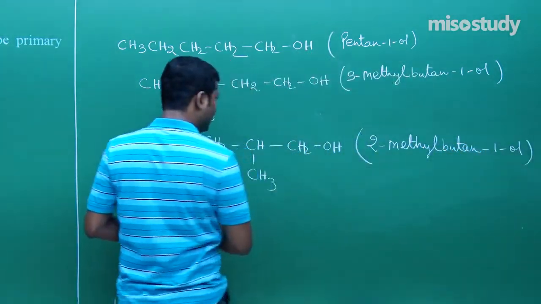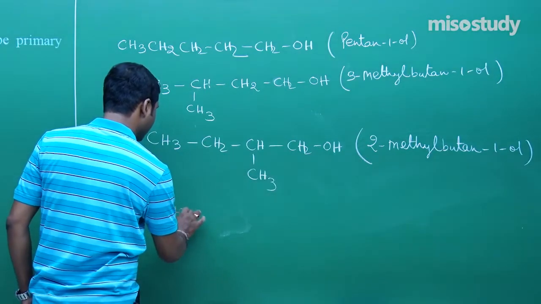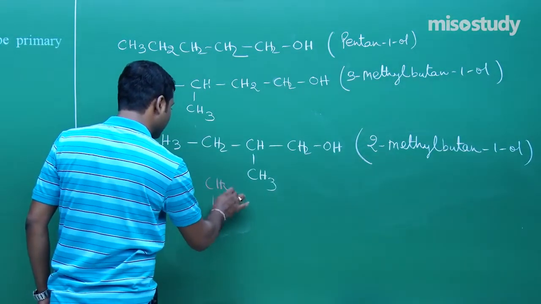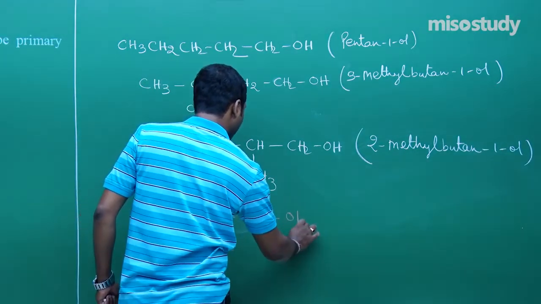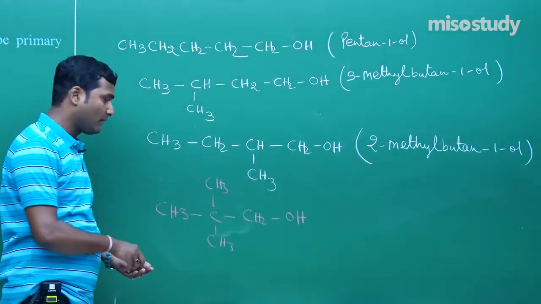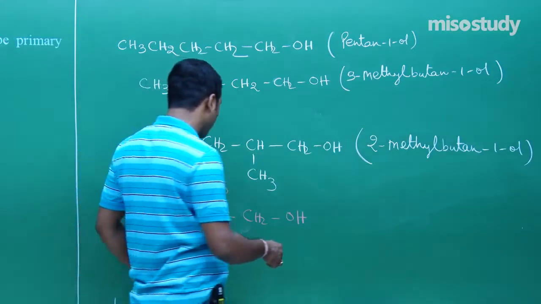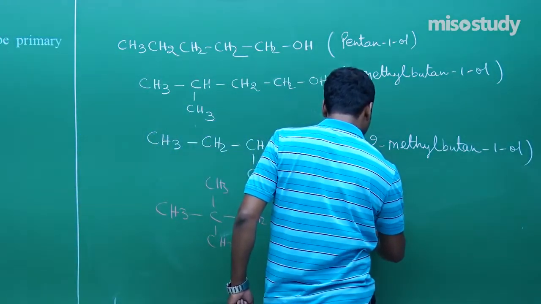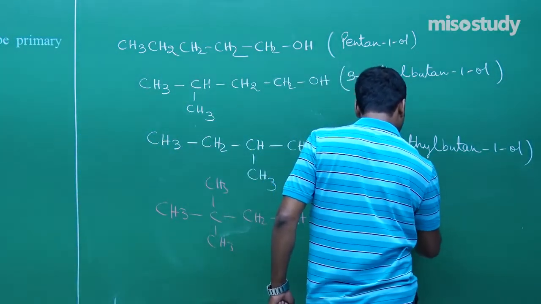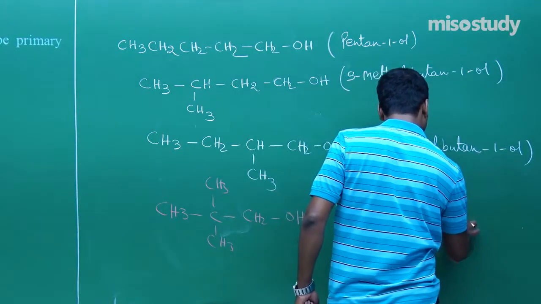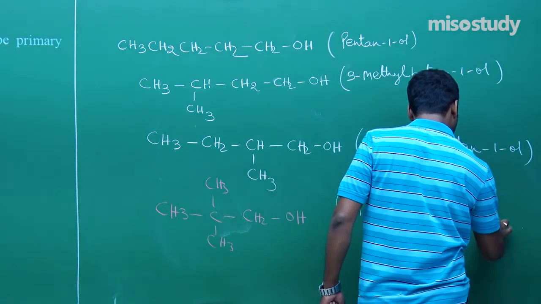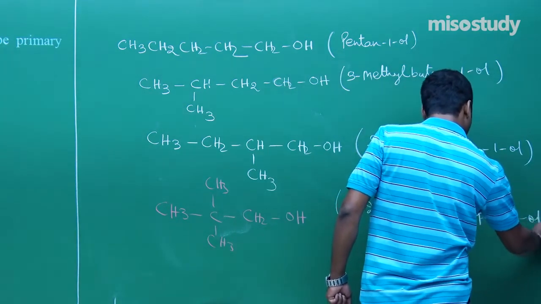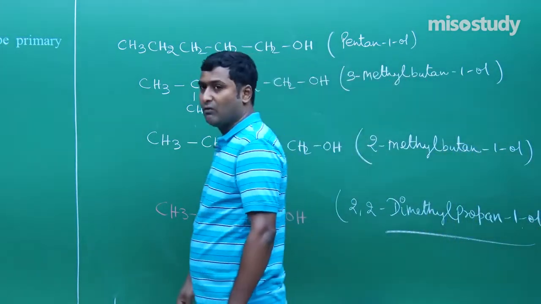Now if I write like this, CH3, then C, put here CH3, put here CH3, then CH2, then OH. Clear? Now write down the name of this compound, that is 2,2-dimethyl propane 1-ol.